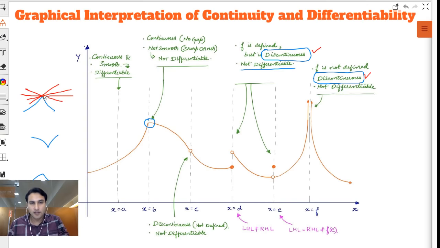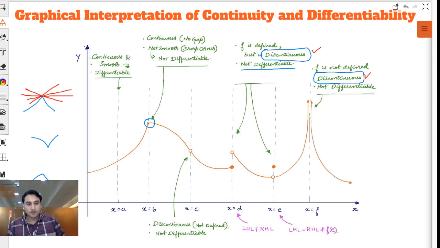So there can be infinite possibilities of tangent at this sharp point. So I cannot define one single tangent. Hence I cannot define the slope of the tangent. Hence I cannot define the differentiation of the function at this point, which is a sharp corner. That is the reason why the function is not differentiable at the sharp corner. Okay, chalo.